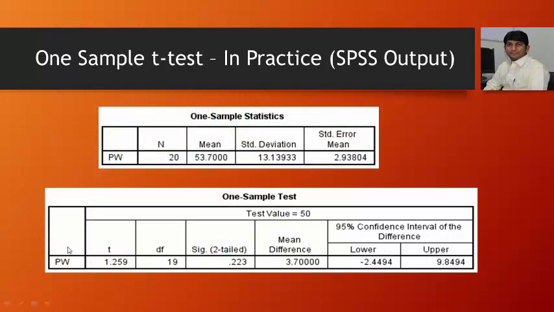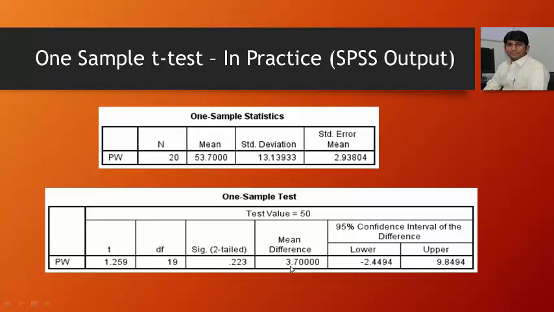Here you can see that the mean is greater than the population mean, which is 50 kilogram. So I can say that the difference between the sample mean and population mean is positive in nature, which is already provided in the One-Sample Test table, table number 2, that is 3.70. So there is a positive difference, but I want to know whether this difference is significant or not.